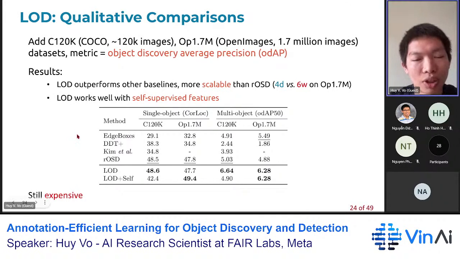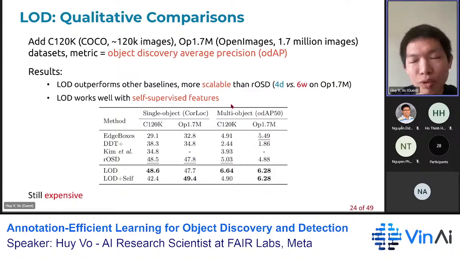From the table, we can see that LOT outperforms the previous methods, sometimes by a significant margin, especially in the multi-object setting, compared to ROSD, which is the best performing method before LOT.